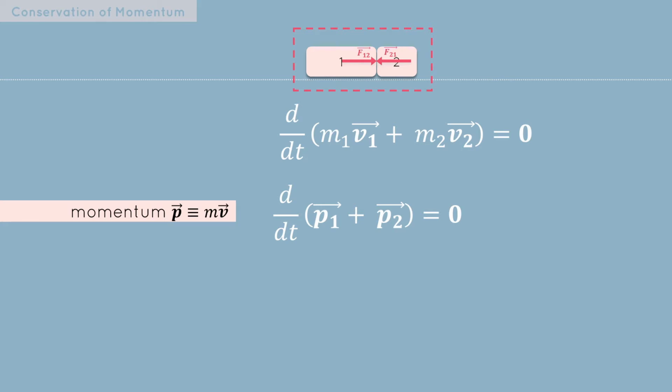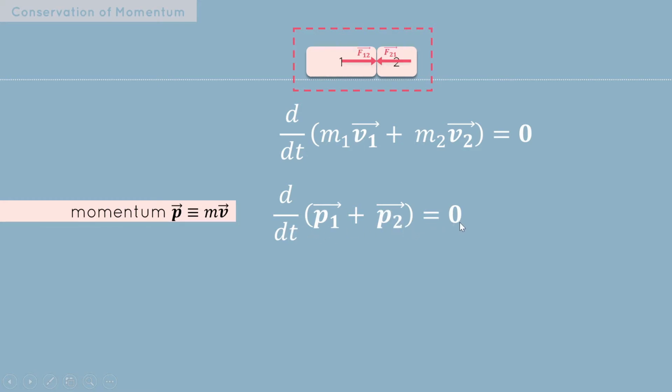So we can change M1V1 to P1, the momentum of block 1, and M2V2 to P2, the momentum of block 2. So take note here that momentum is a vector which will follow the direction of the velocity vector. So if the velocity vector points towards the right, then the momentum vector also points towards the right. So from this expression, we see that d/dt of this whole thing equals 0.